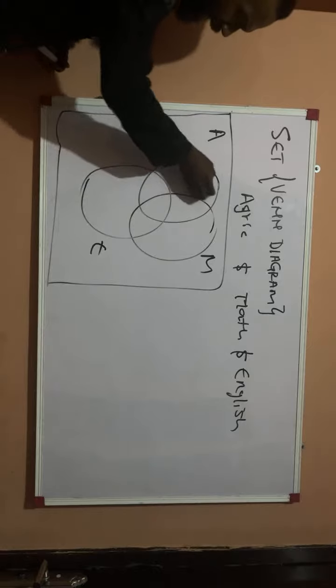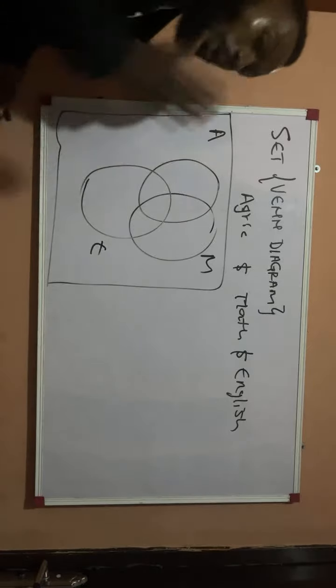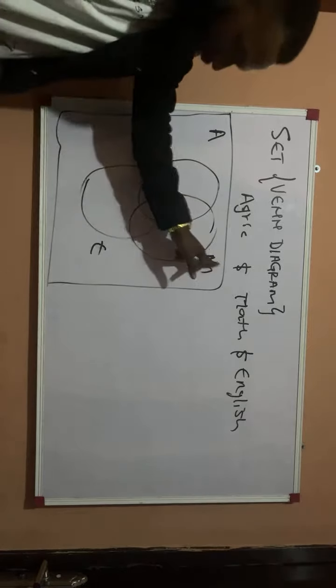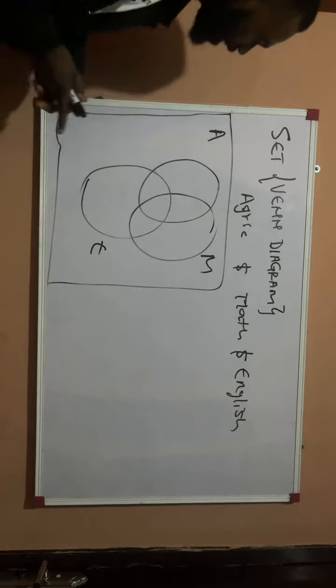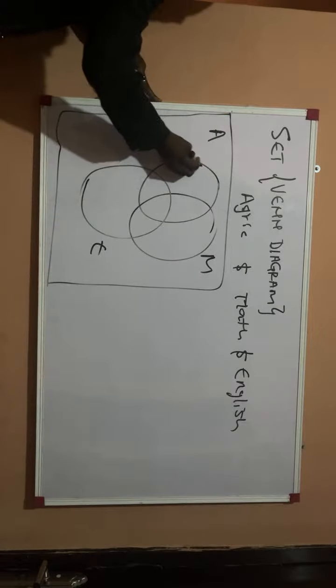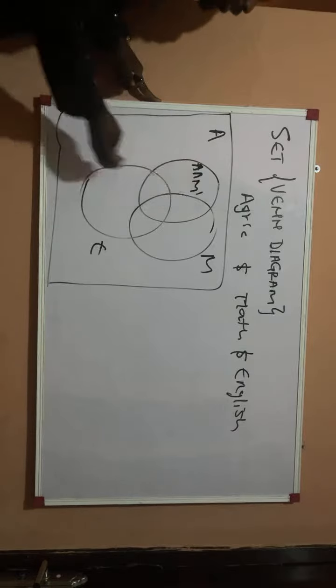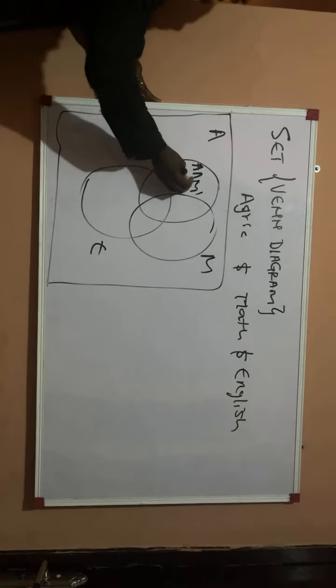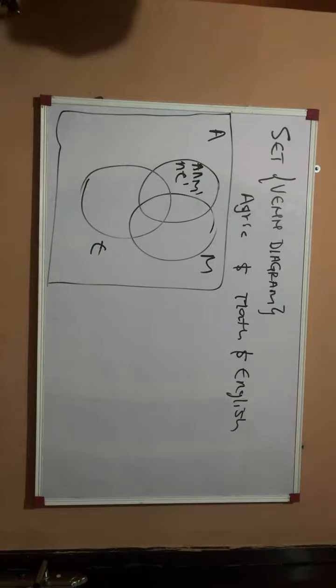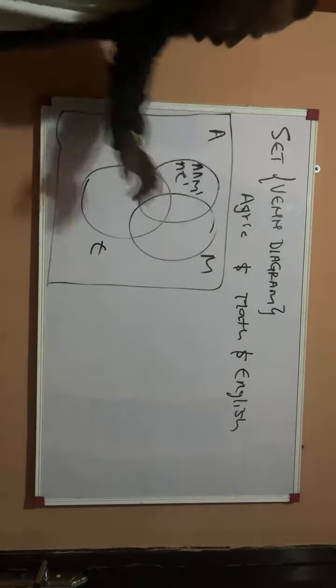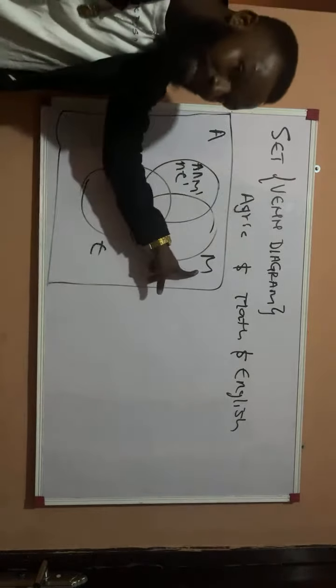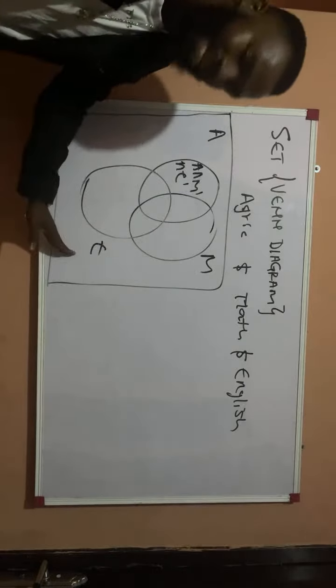Now, this part here talks about students that offer only Greek. They don't offer mathematics and they don't offer English. So it becomes they offer Greek, but they don't offer mathematics and they don't offer English. Now, this other point here talks about the number of students that offer only mathematics, but they don't offer Greek and English.